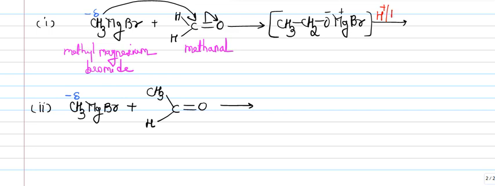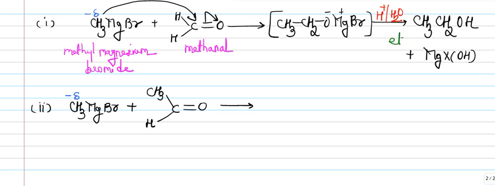Hydrolysis is H plus and water, and this would give us CH3CH2OH plus MgXOH. This here is ethanol which is formed, and it is a primary alcohol. So methanal produces ethanol, which is a primary alcohol.